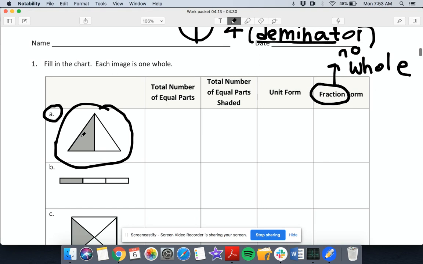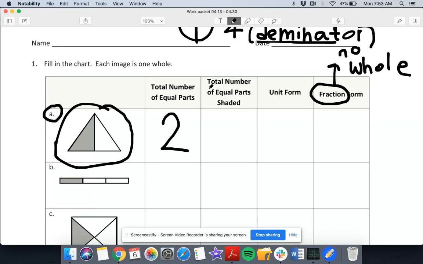Okay, so the first problem asks total number of equal parts. So we're just going to count the total number of equal parts. So it appears to me that there are 2 triangles here, right? 1, 2. So I'm just going to simply put 2 in the box because it's the total number of equal parts.